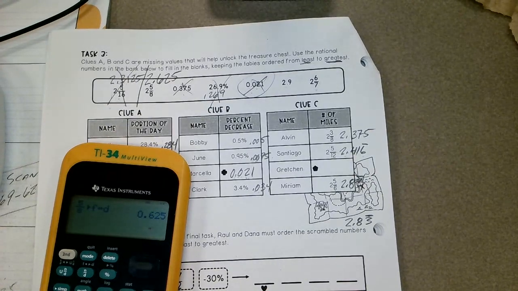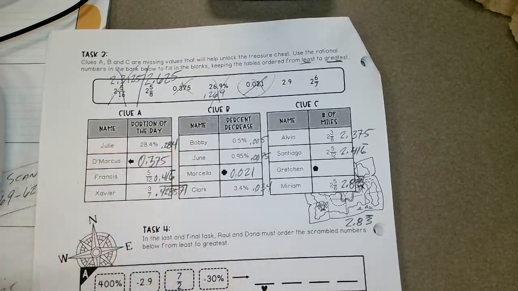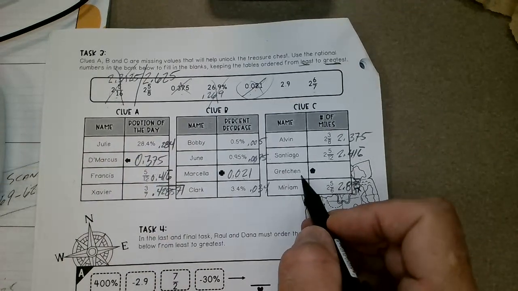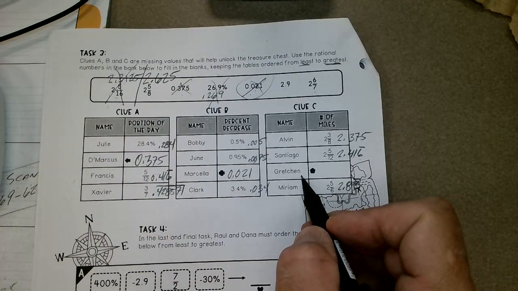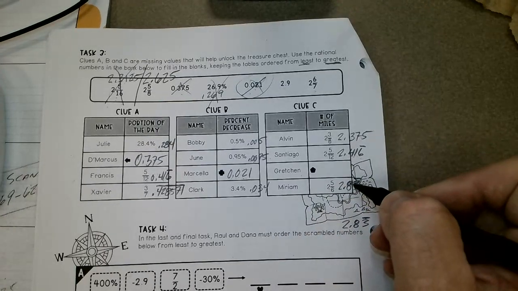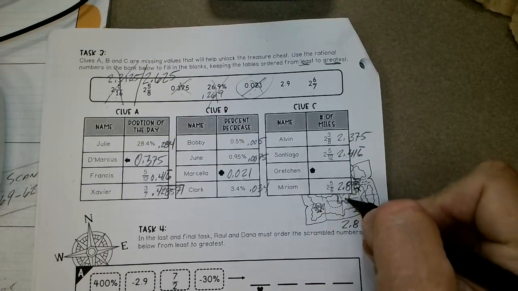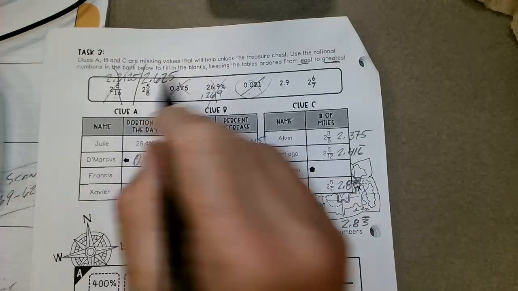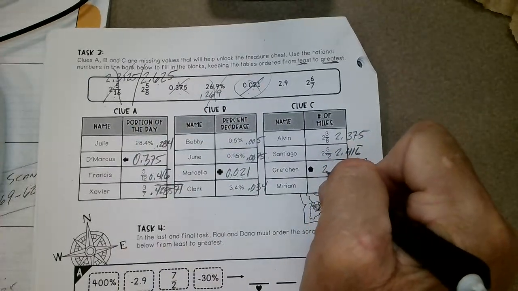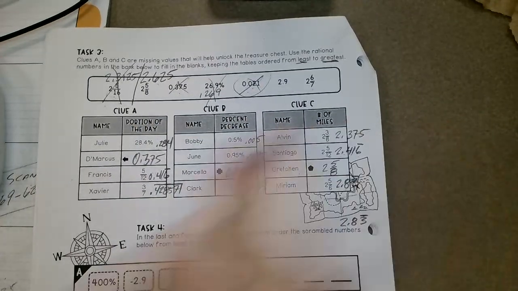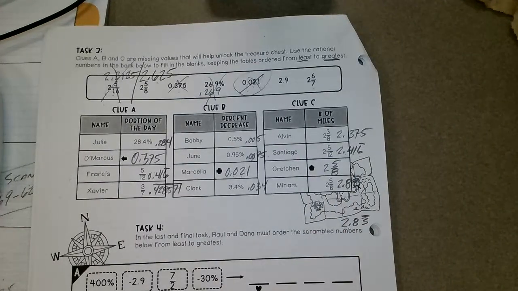Now let's go back and check and see if that number fits for Gretchen. So when we look at this, I have 0.4, 0.8, this is 0.6, there it is. So 2 and 5/8 fits nicely in there. So it's just process of elimination, it's trial and error.